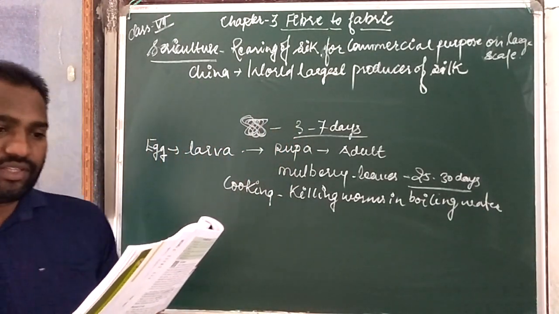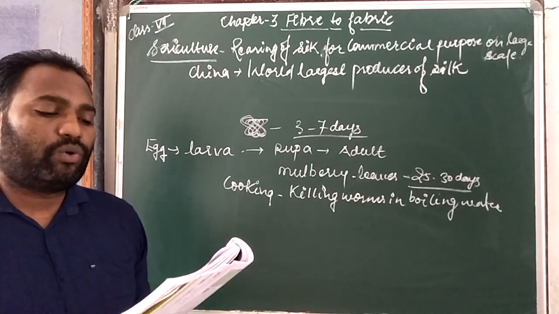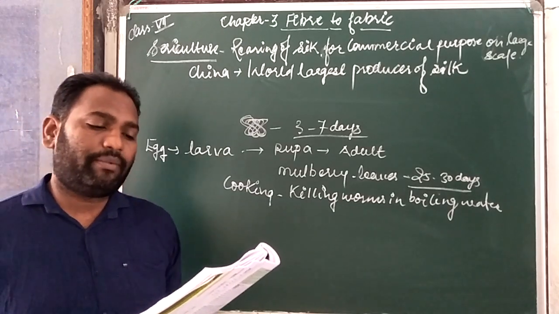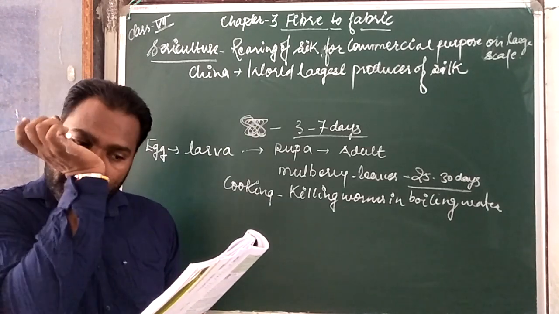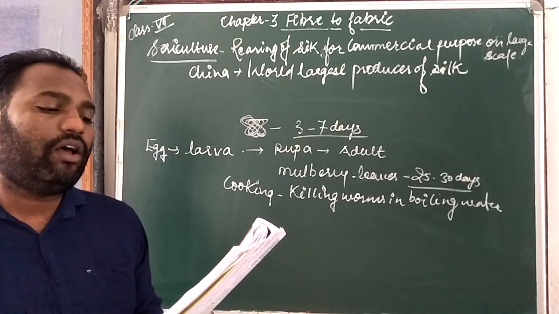The rearing trays are large trays sometimes made of bamboo. The sticky substance of the cocoons dissolves in hot water and the fiber separates out. The method of obtaining the silk fibers from the cocoons is called reeling or filature.